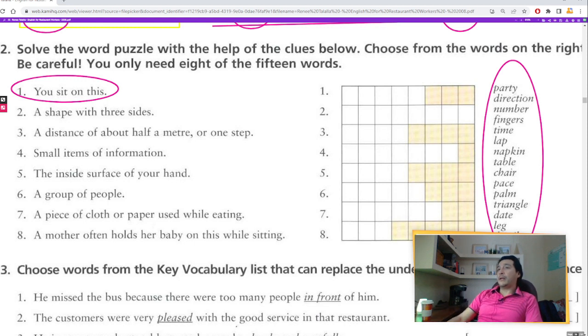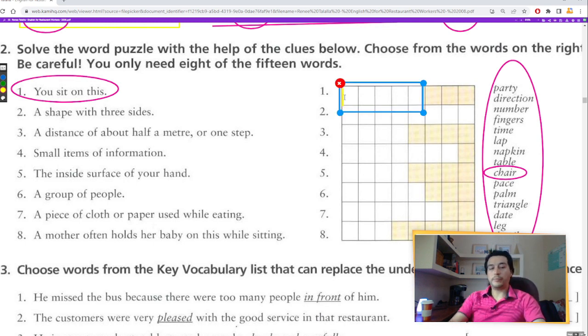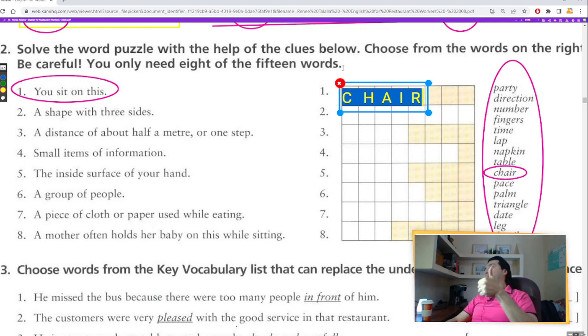Here we go. Number 1, you sit on this. C-H-A-I-R, chair. You sit on the chair. Okay, let's do it. C-H-A-I-R, chair. We got it. Number 2, a shape with 3 sides. 1, 2, 3 sides.